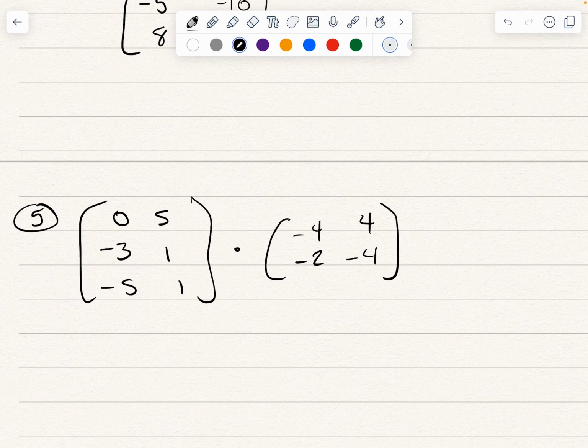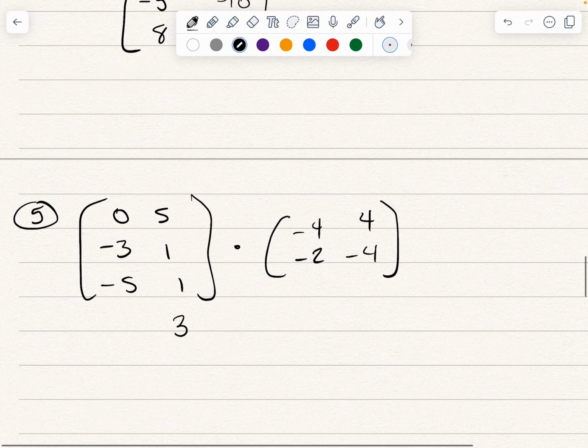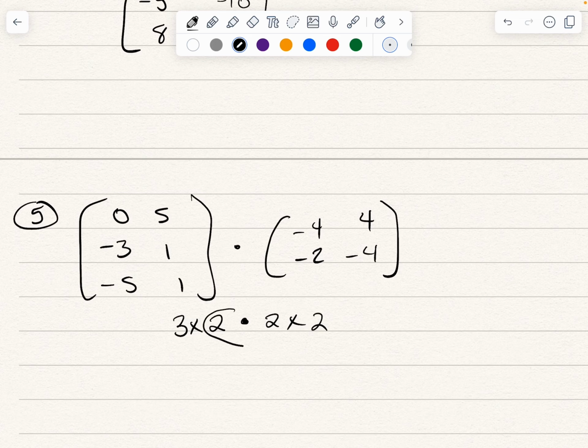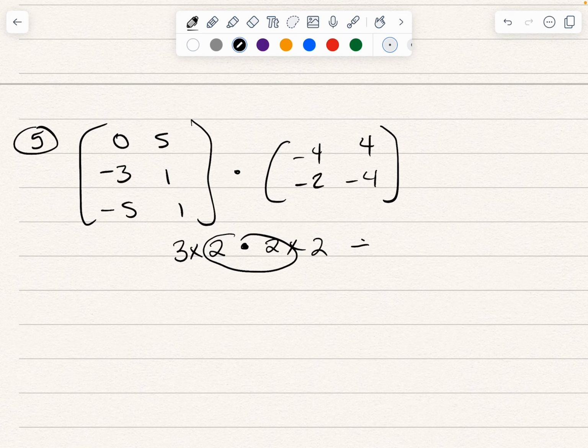If I were adding these, you could not add this because the dimensions are not the same. This is a 3 by 2 and a 2 by 2. But we can multiply this because the middles match. 2 and 2, the middle is going to match. So we are able to multiply these, and our resulting matrix is going to be a 3 by 2.